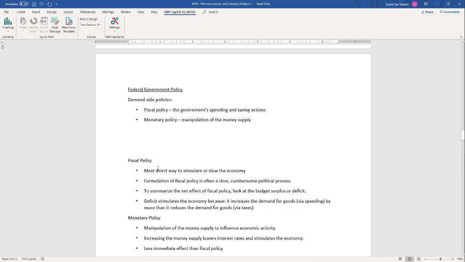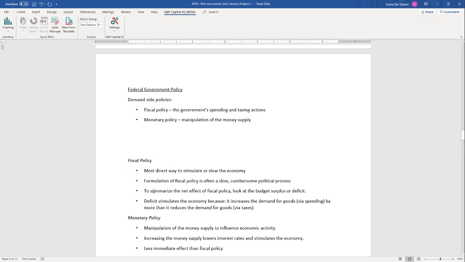Again, the goal of demand side policies is to encourage demand from consumers, so that encourages investment. So the demand for a good or service pushes up the price, and as a result, people or companies go out and produce more to take advantage of that higher level of demand.